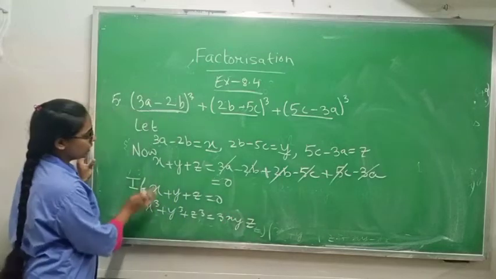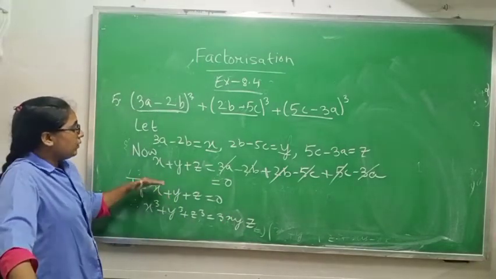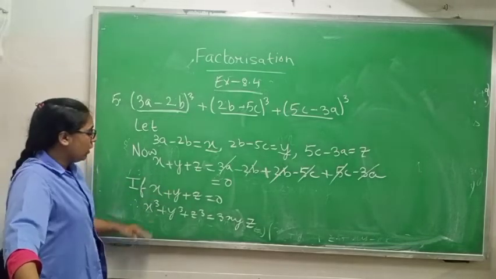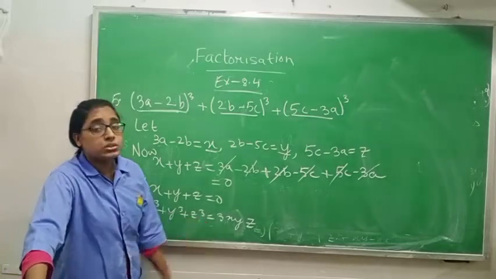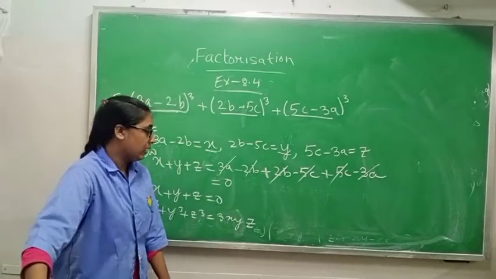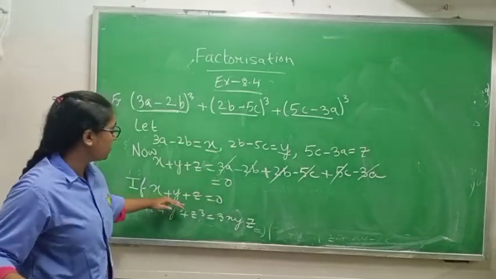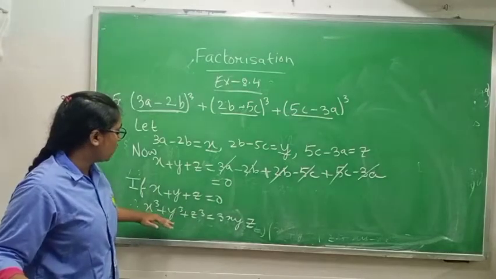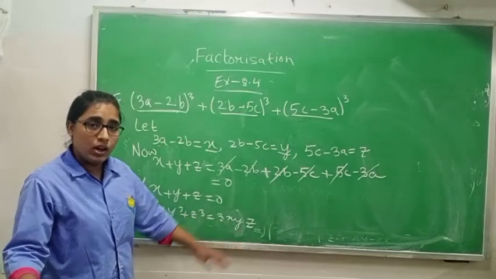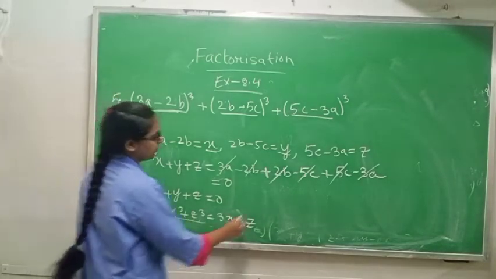I told you to learn only these two parts, no need to put values and find. Just learn that if x plus y plus z equals 0, then x cube plus y cube plus z cube equals 3xyz. So I am getting x plus y plus z equals 0, that is why I have written it. If I get 0, then I can say x cube plus y cube plus z cube equals 3xyz.